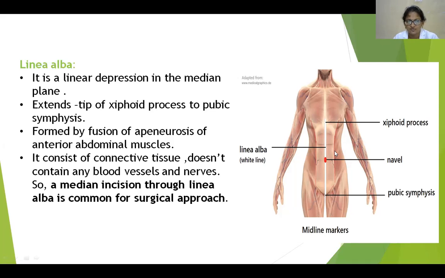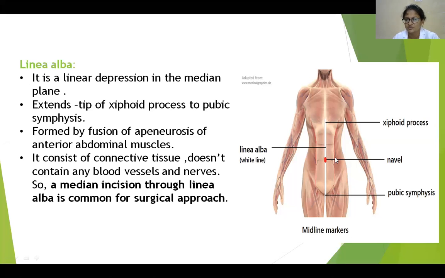Next, how is it formed? It is formed by the fusion of the aponeuroses of the anterior abdominal muscles. Already we had seen this linea alba in the abdomen dissection. It is seen in the anterior abdominal wall, extending between the tip of the xiphoid process and the upper surface of the pubic symphysis.